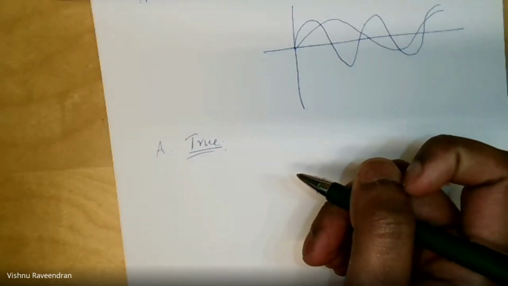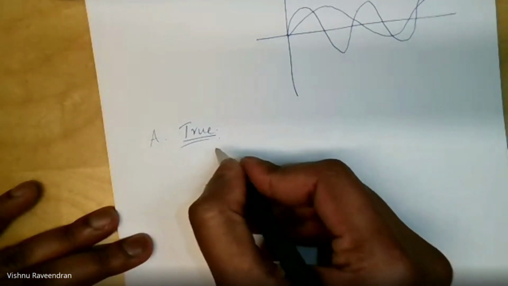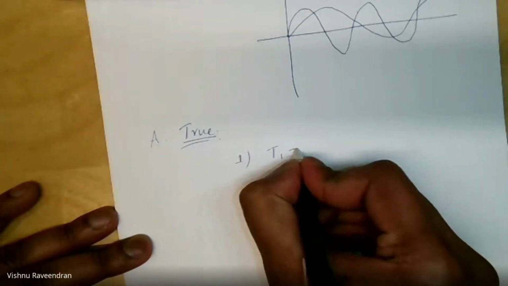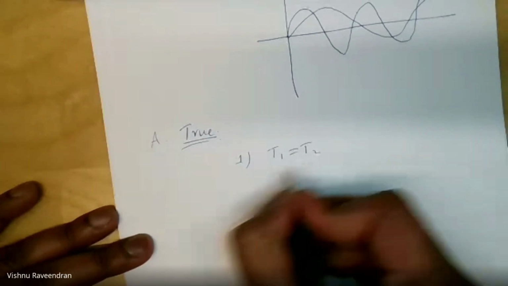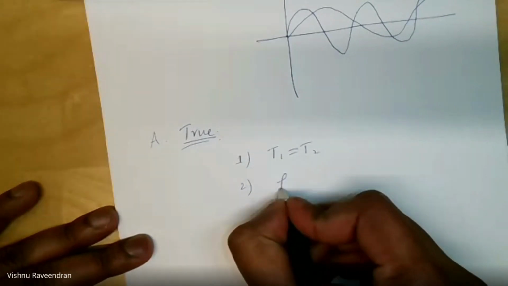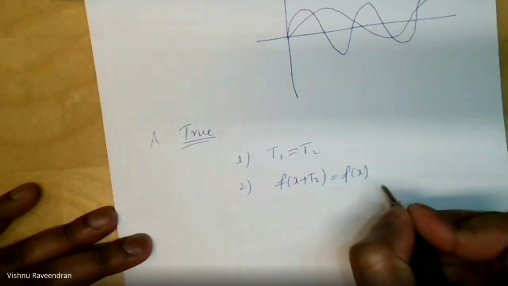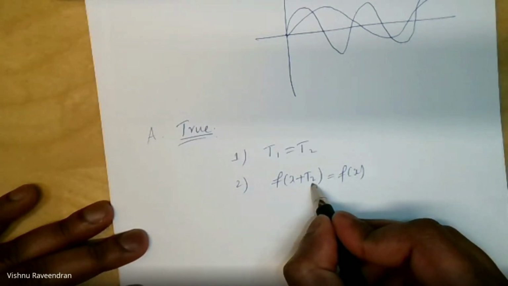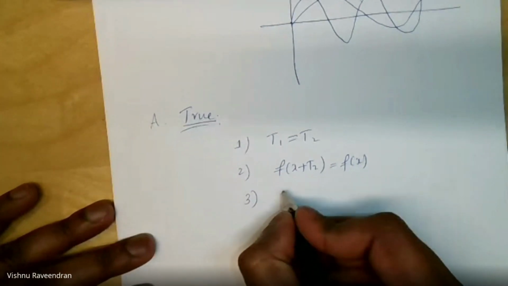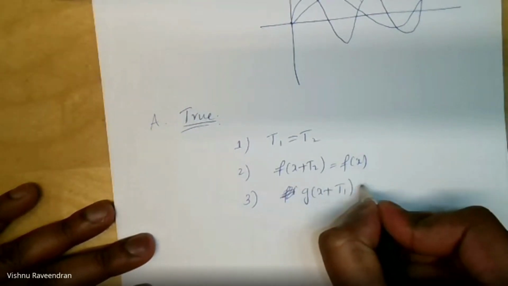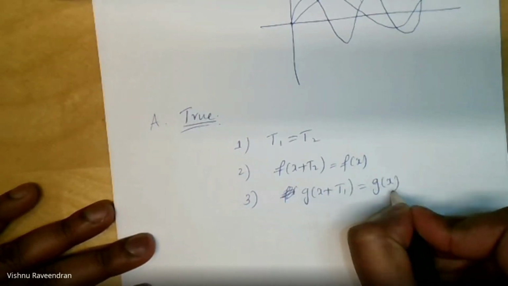The basic idea is that you need to prove one of these. One thing you can prove is that t1 equals t2, or the second thing is that f of x plus t2 will be equal to f of x. This means f has period t2. And the third condition is that g of x plus t1 equals g of x.